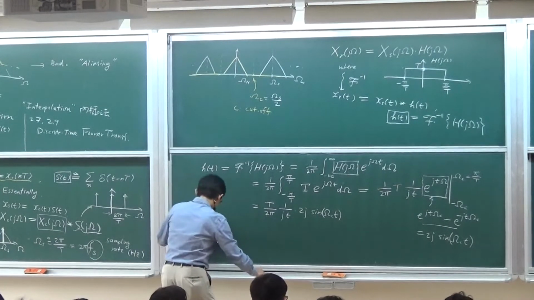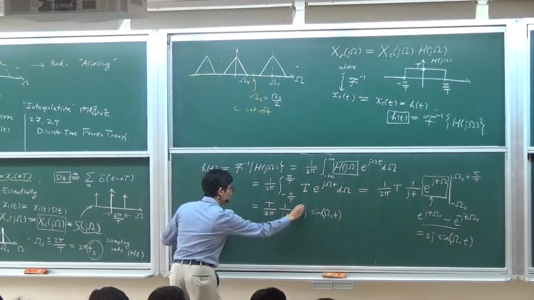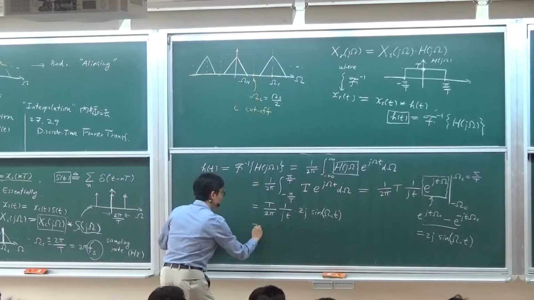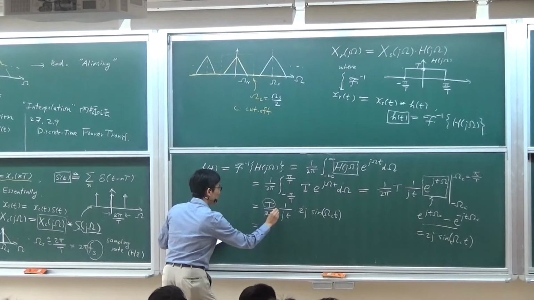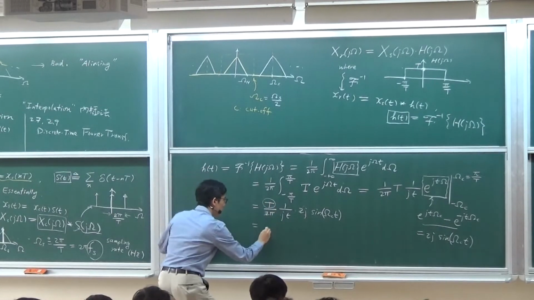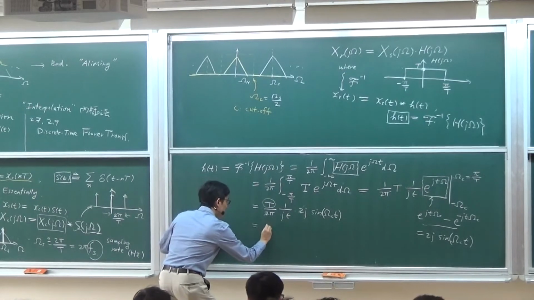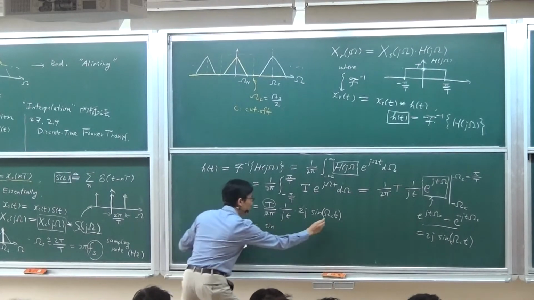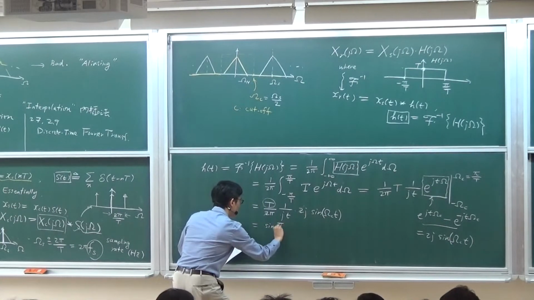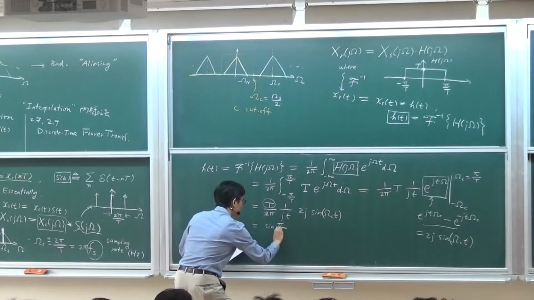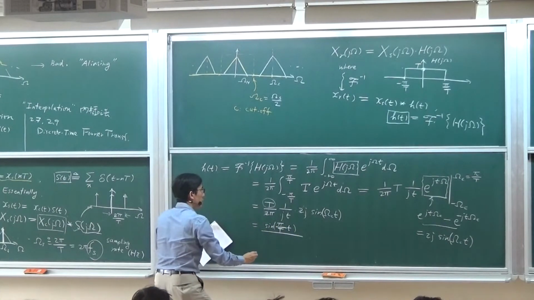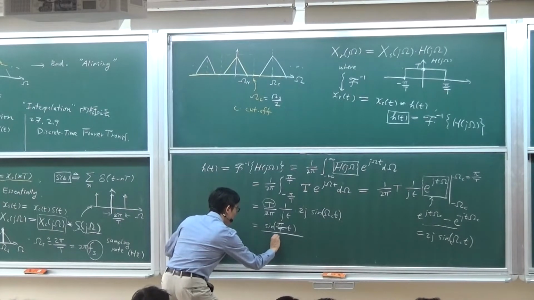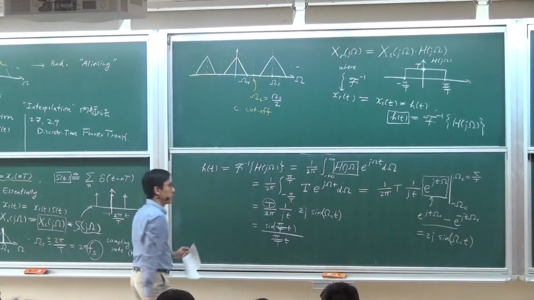The 2 and 2 cancel, j and j cancel. So the result can be written as sine of the cutoff frequency, which is pi divided by T, the sampling period T, times the time t, divided by pi divided by the sampling period T times time t.